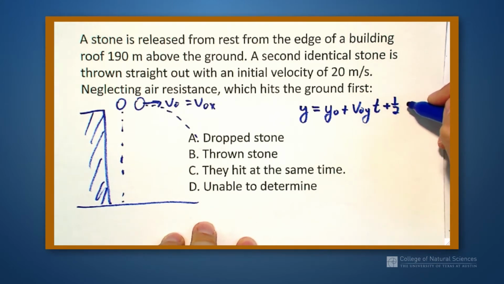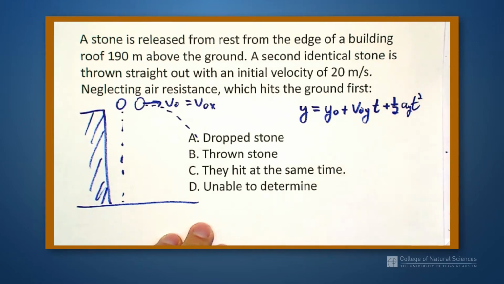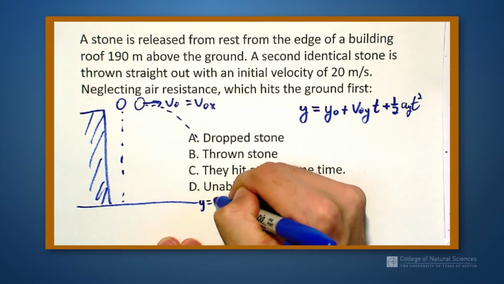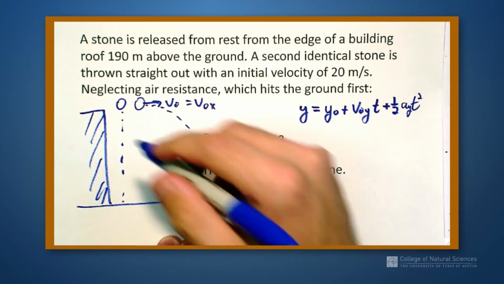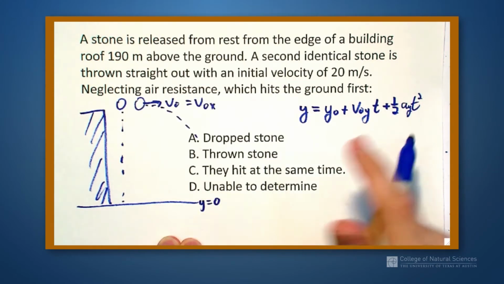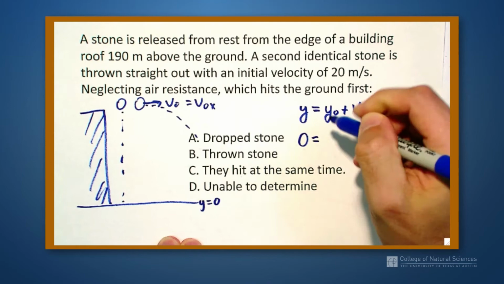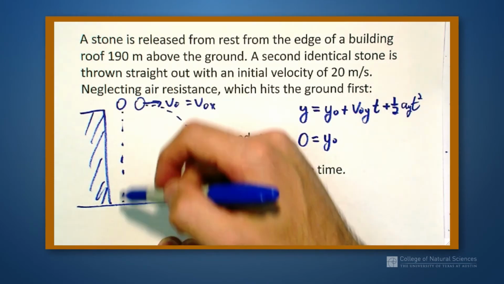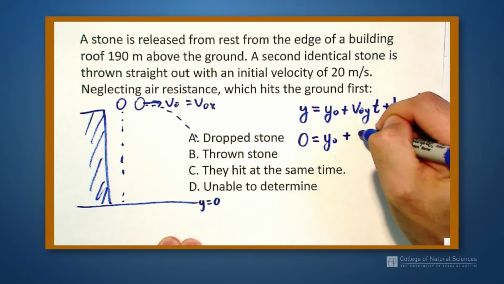So y is equal to y naught plus v naught y t plus 1/2 a y t squared. So in the y direction, this is what's going to happen. I'm going to set my base to be 0 height, so that means my ground is my final position. So I have 0 is equal to my y naught, my initial position in the vertical direction, plus 0.